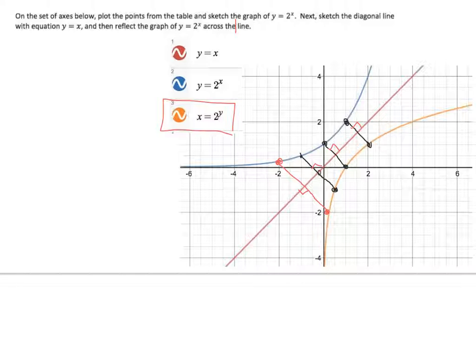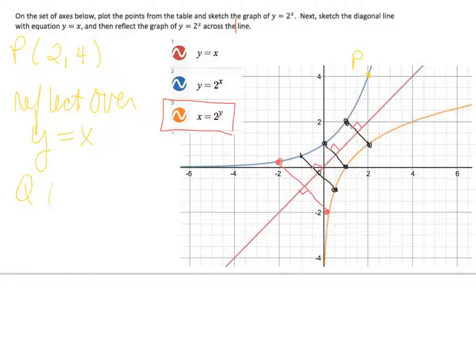Something I'd like to point out is something I see on standardized tests or the fun competition tests that we do. If I take any point, let's take point over 2 up 4, point 2, 4. We'll call it P. And I want to reflect this point over the line y equals x. I'm actually going to get point Q, which is 4, 2. Let's test it.